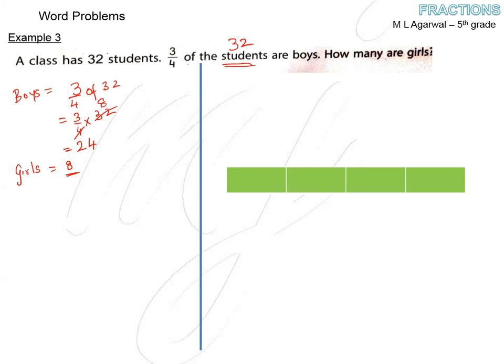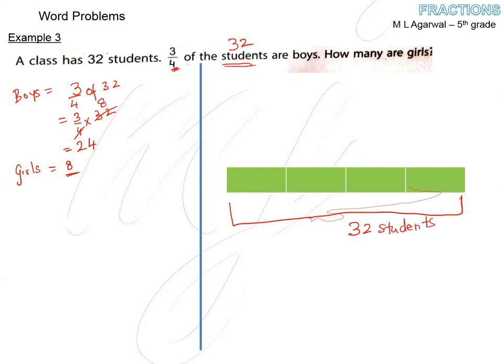Suppose we have to do it in the block diagram. We want to understand this in the block diagram. So I have 32 students here, correct? So let us assume that this whole is 32 students and 3/4 of this is boys. So naturally I will divide this 32 into 4 equal parts.